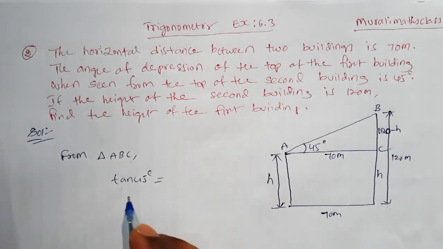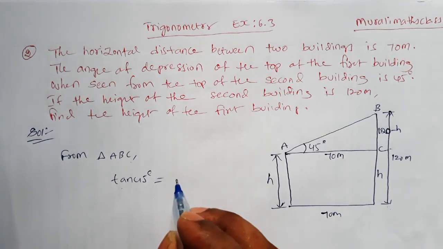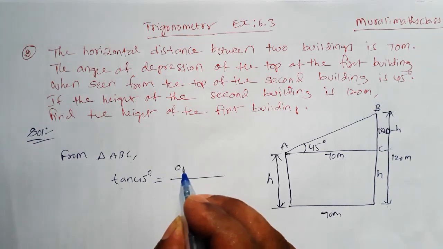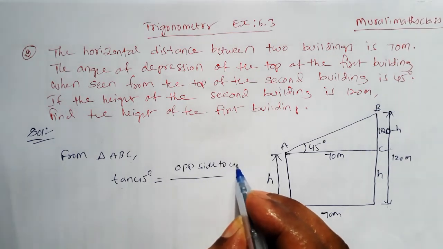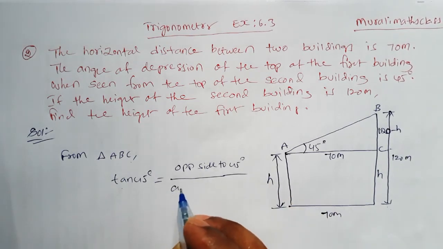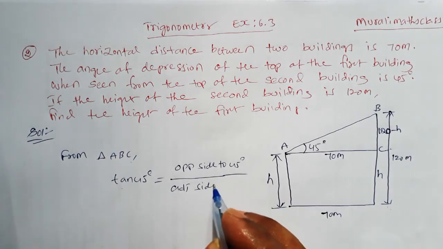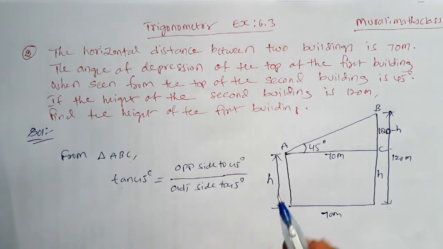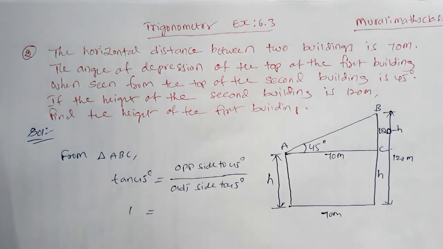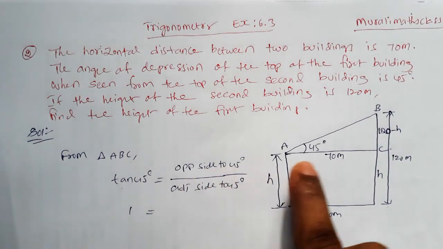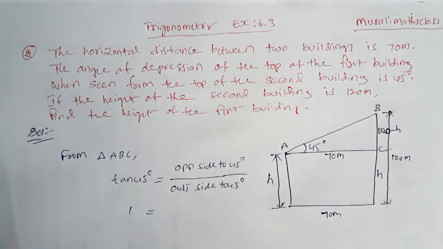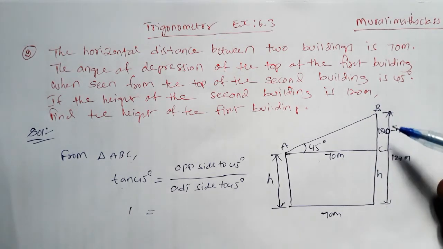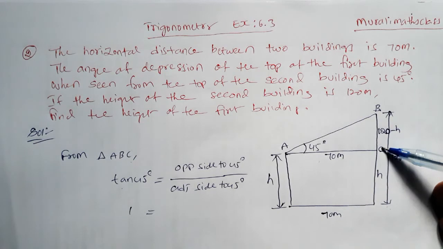Okay, so tan 45 degrees equals opposite side to 45 degrees over adjacent side to 45 degrees. Tan 45, answer is 1. Opposite side to 45 degrees, this is the opposite side, BC.